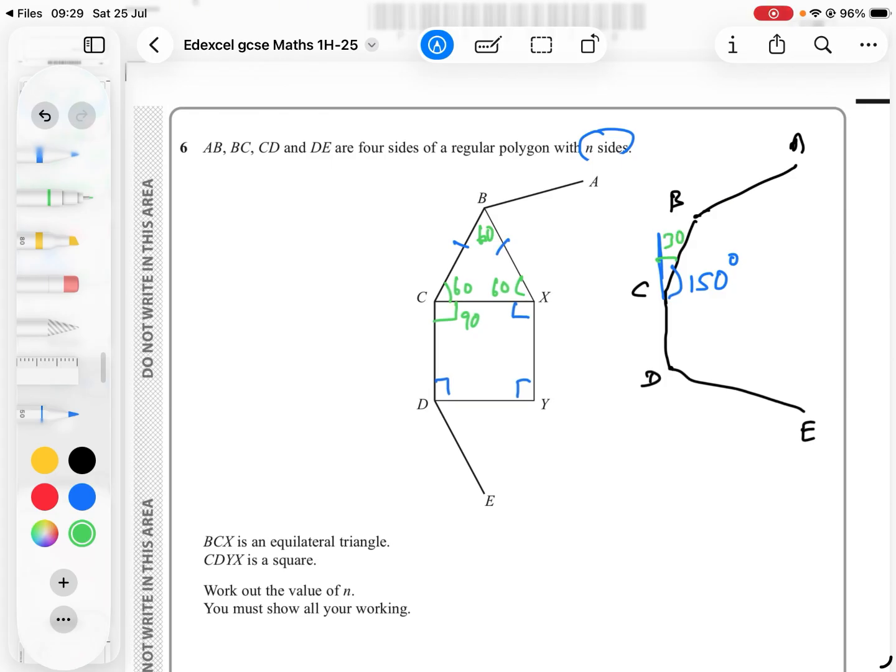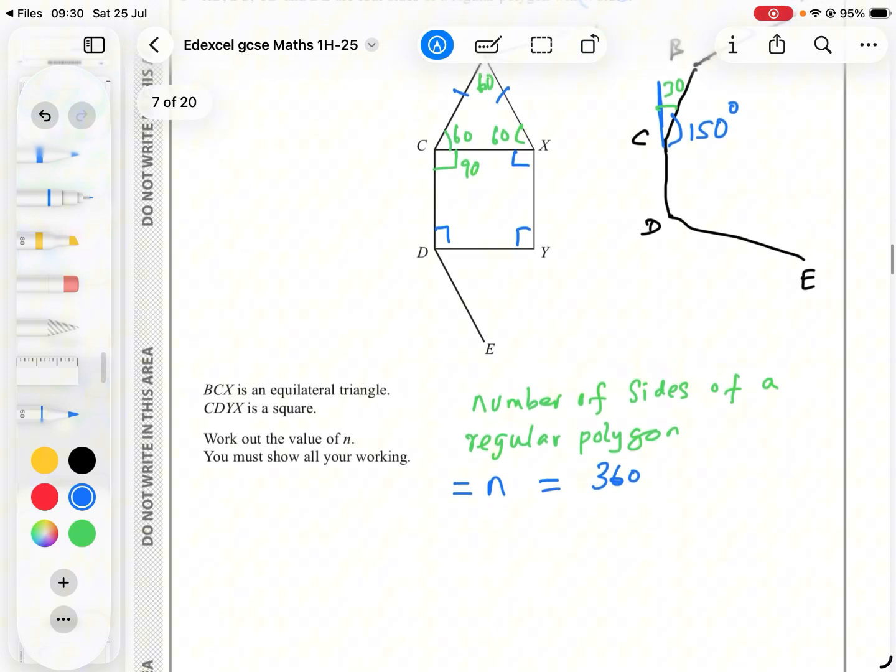So the formula to work out n, the number of sides of a regular polygon, n equals 360 divided by the exterior angle.